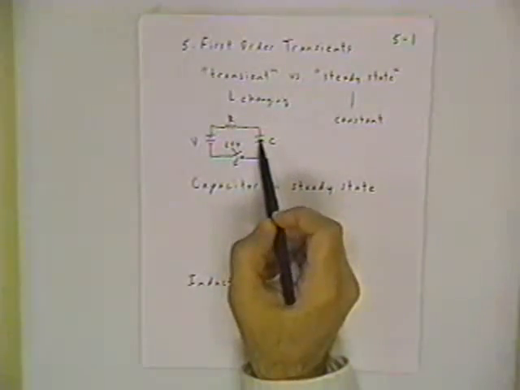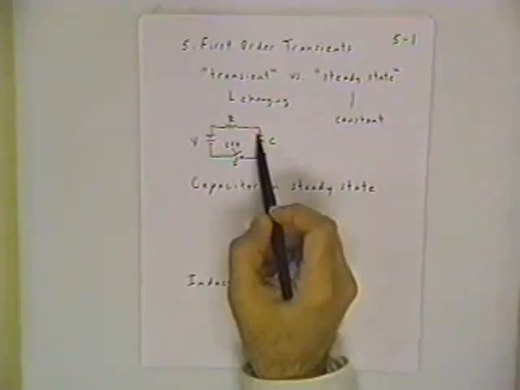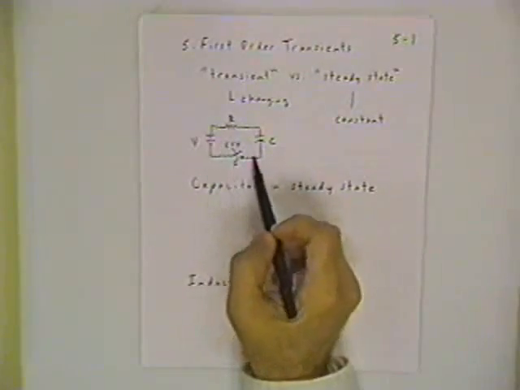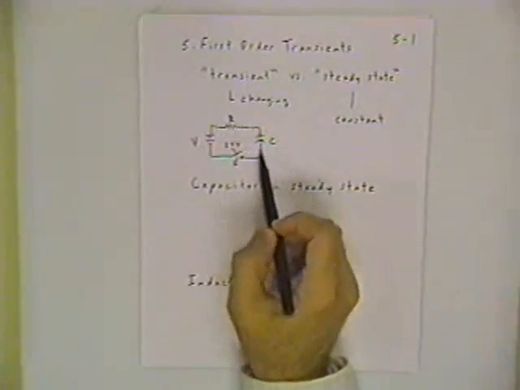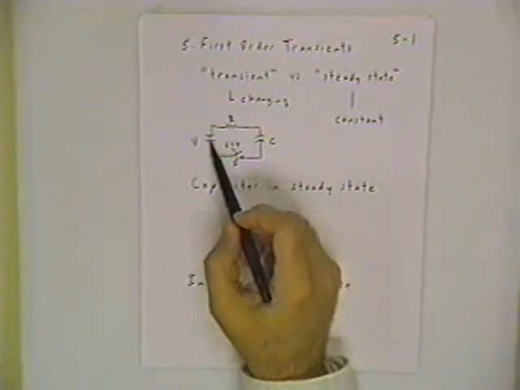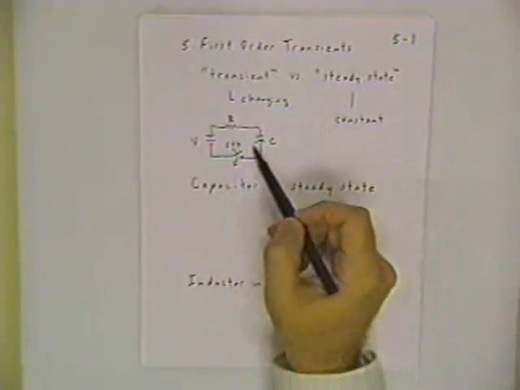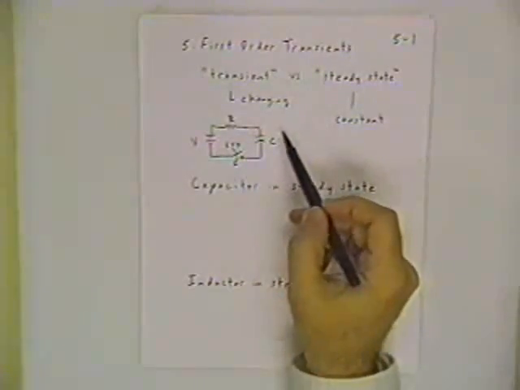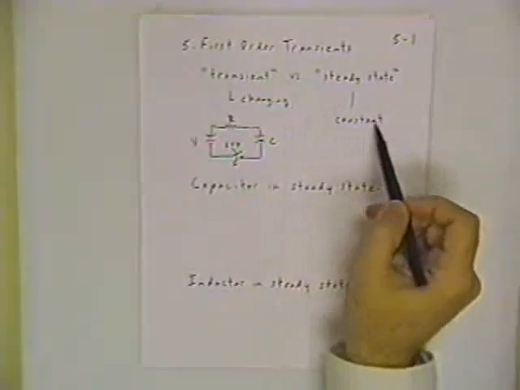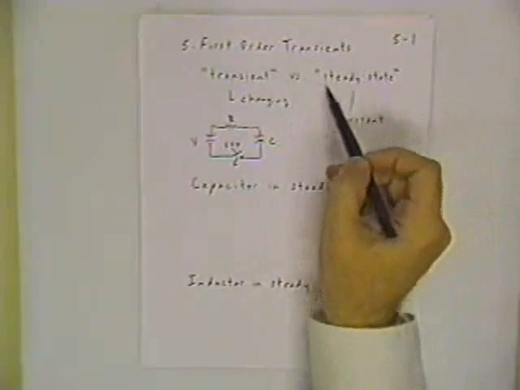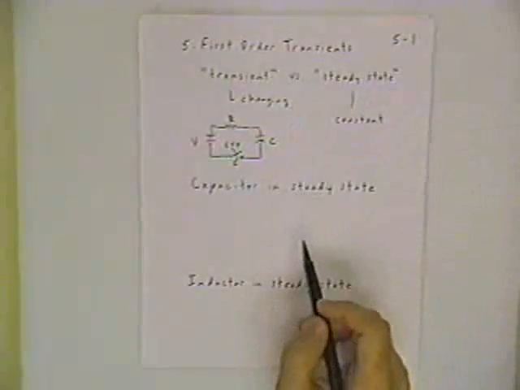The capacitor now has a path for electrons to flow from one plate to the other. Current is going to go clockwise through the circuit, and the capacitor is going to start charging up towards its eventual final value. Once it's achieved that final value, there'll be no more currents, no more changes in voltage or current, and so we will have achieved steady state.